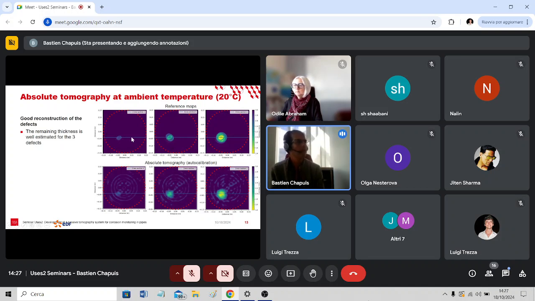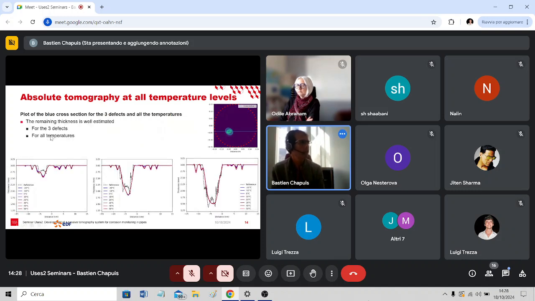We see here that, as I mentioned, we can get the main geometry of the defect, but we have a limited resolution to get the very thin features within the defect, which is not really a problem, because what is important for the security of a pipe or of a plate is really the remaining thickness, so the maximal depth of the corrosion, and we capture it very well with our algorithm. We will see some cross sections to be more quantitative just later.